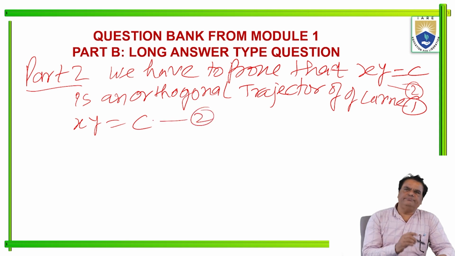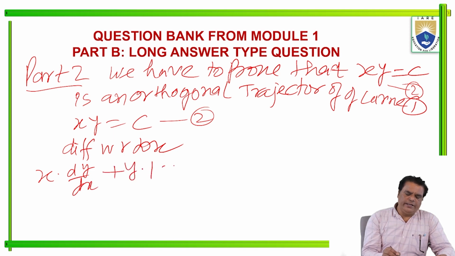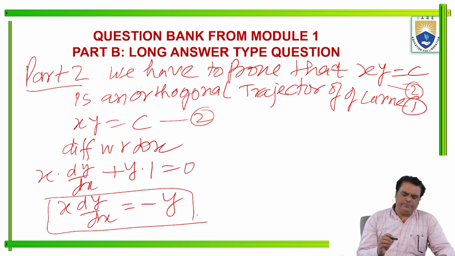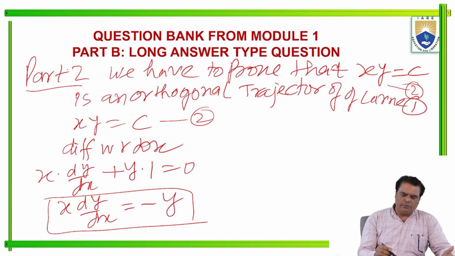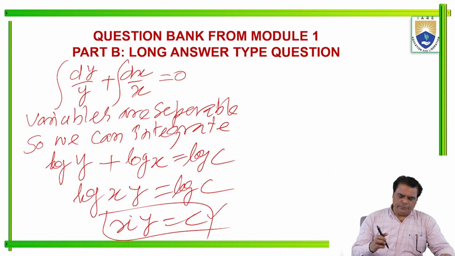This is the second curve. Now differentiating with respect to x, then x into dy over dx plus y into 1 equal to 0. So x into dy over dx equal to minus y. This is the differential equation, equation 3, and this 4 and this 5.